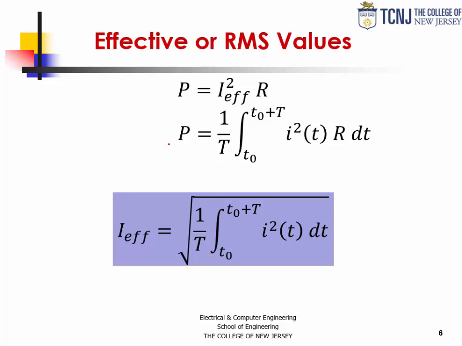Therefore, we can say that the power is equal to 1 over the period times the integration over a period of the current squared, the time varying signal, times the resistance over time.